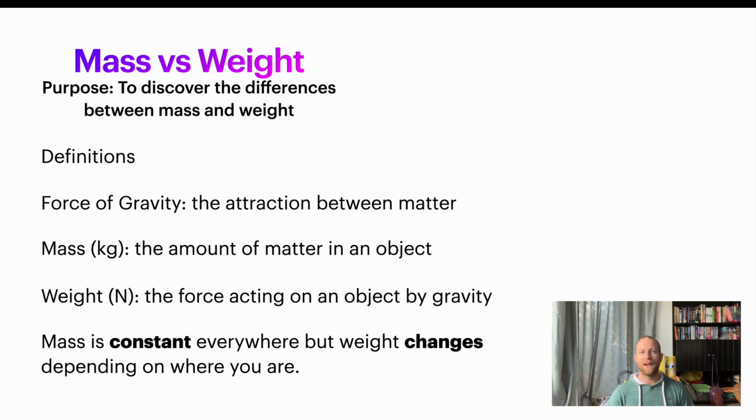I'm sure many of you have a scale in your bathroom where you can measure how much you weigh, or at least that's what you say, that you're measuring your weight. But really when you go onto the scale, it gives your answer in kilograms. It tells you a mass. Now, it's not that you're actually measuring your mass, even though the answer comes out as mass. You're measuring the weight.